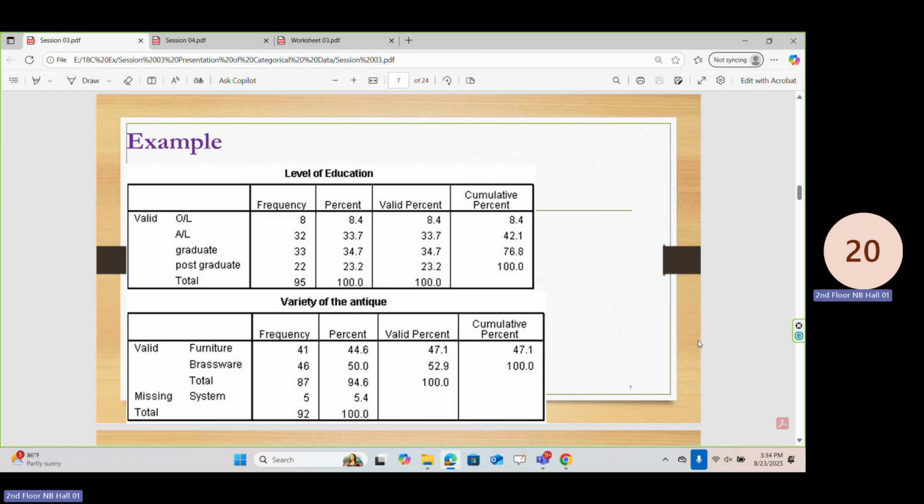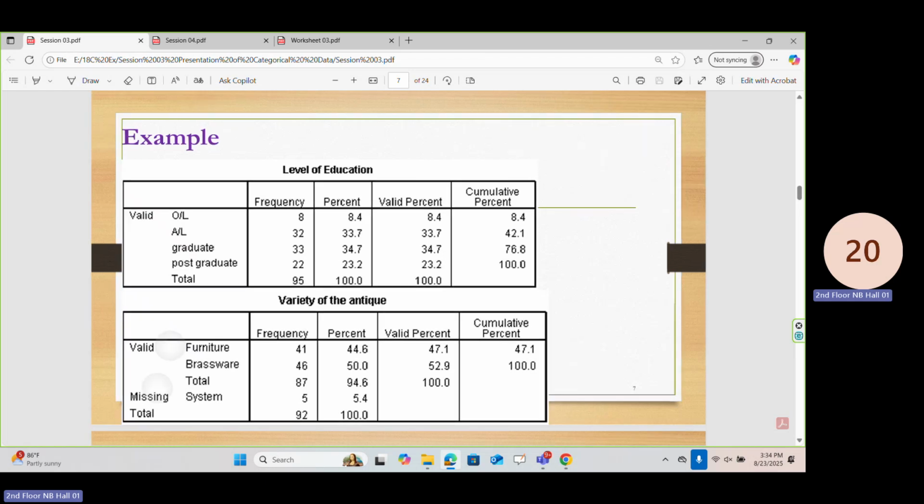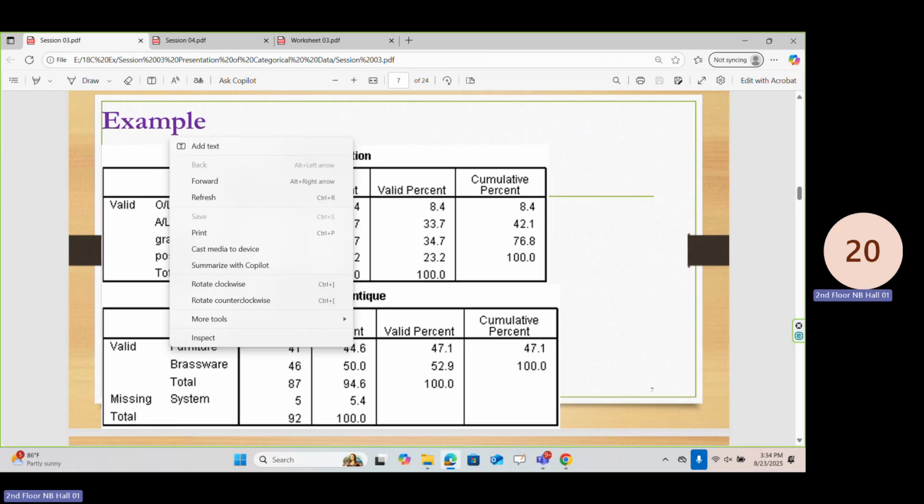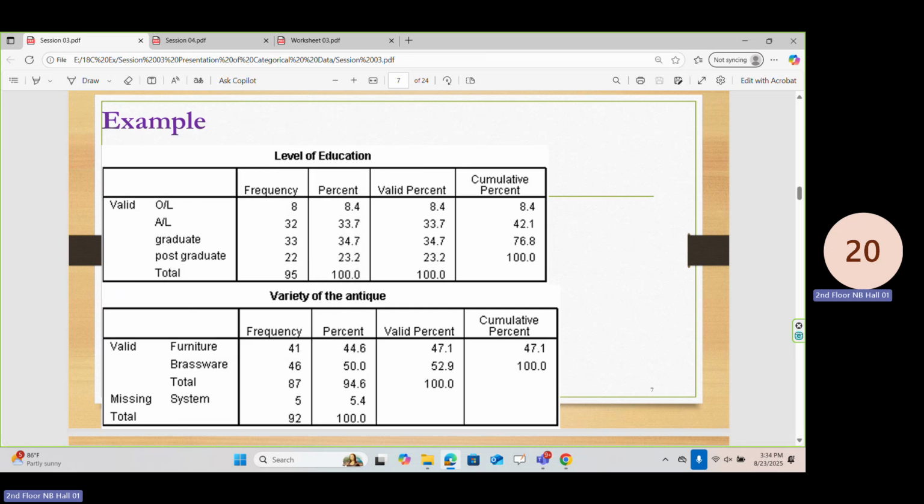Now clear? The next one: what is the categorical variable in the second table? The first column represents the categories, furniture and brassware. Looking at the total of 87, there are 5 missing values. Then what is the grand total? 92.